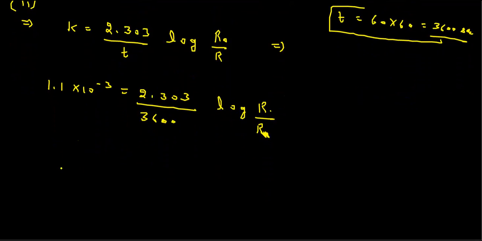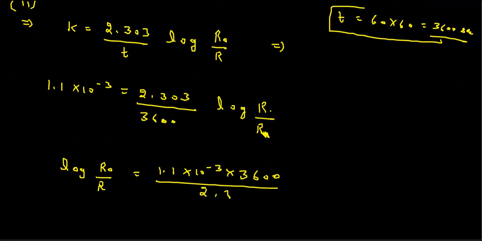So log R naught by R is equal to 1.1 into 10 to the power minus 3 into 3600 divided by 2.303.